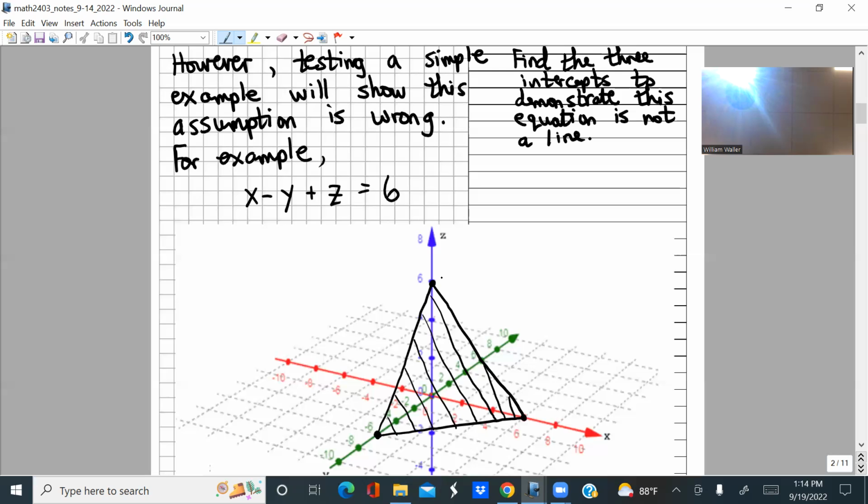What you do get when you graph that equation is a nice picture. You get a flat plane, and here's a little piece of it. This is just a little triangle section. That plane actually extends out to infinity on the left, right and bottom.